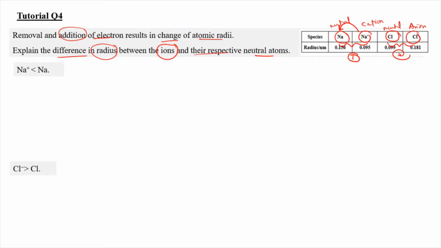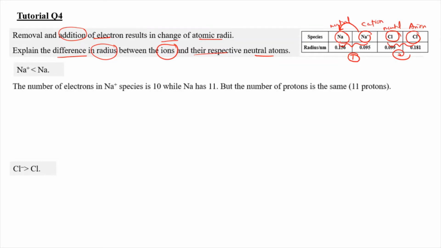So here is going to be just a revision. So for Na plus and Na, firstly you can see that the number of electrons in the Na plus species is 10, because usually it will have 11, but because it donates 1 electron, it's going to become 10. While Na, the neutral atom, is going to have 11. However, their proton number is still the same, which is 11 protons.